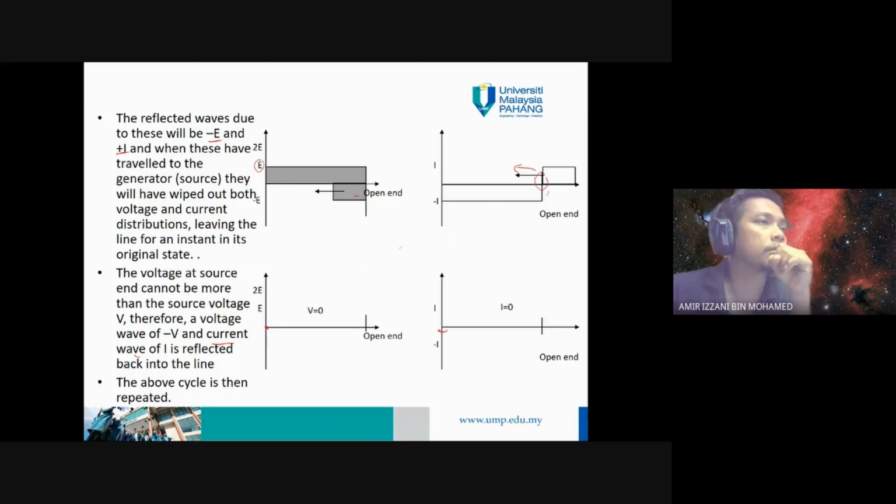And finally, when this one reaches the source again, the voltage will be the sum E minus E, which is 0. And then the cycle will be repeated again. This is a traveling wave in open circuit condition.